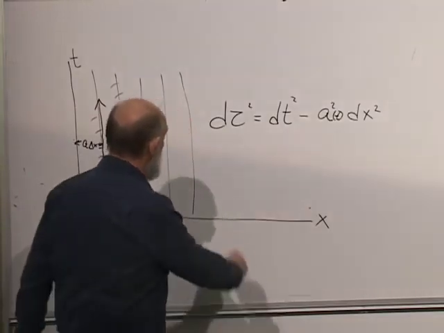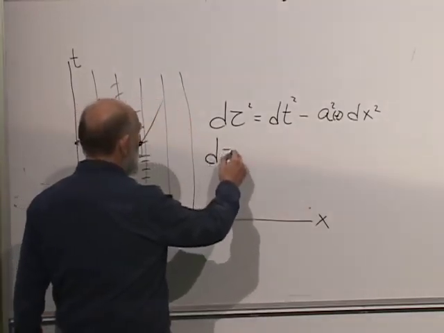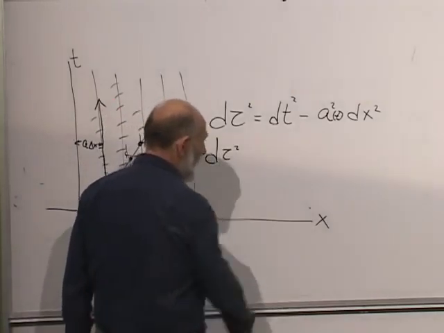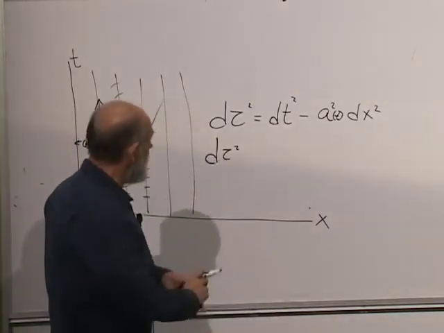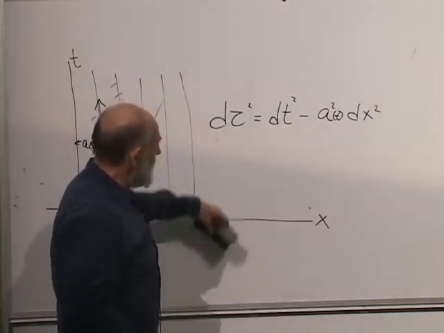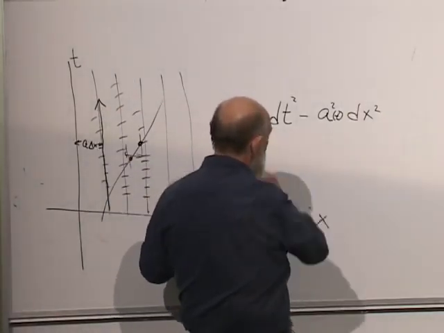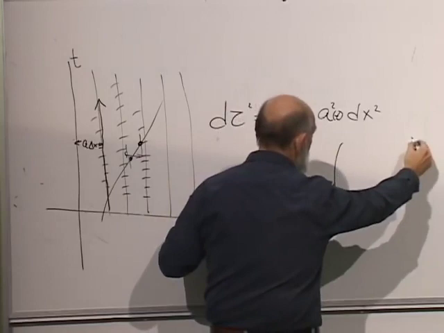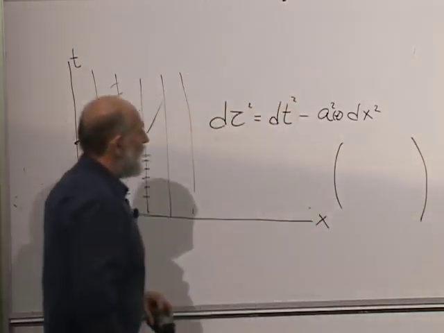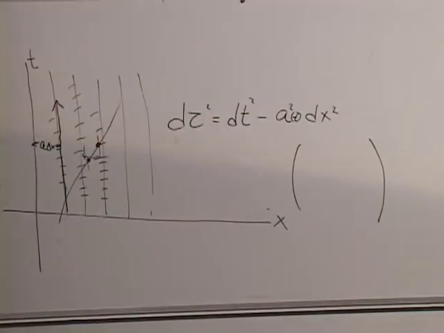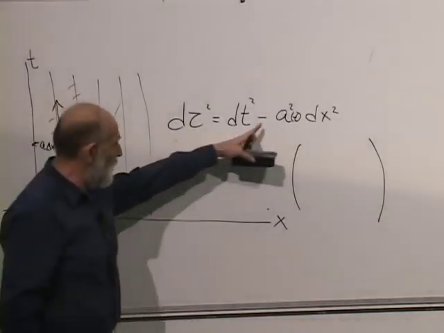Let's just compare that with d tau squared. Here's a geometry. It's a space-time geometry. And what is its metric? Its metric, again, is a set of components. The set of components represents the coefficients in this form here.